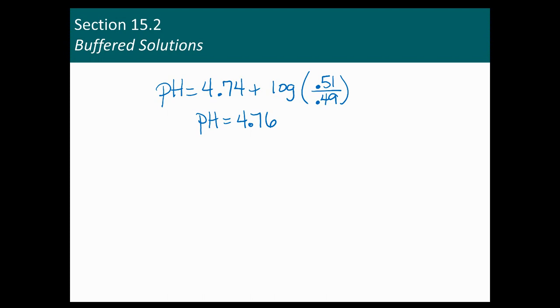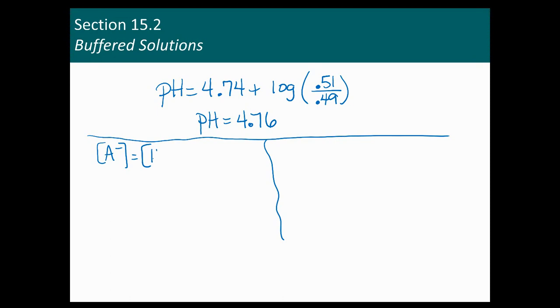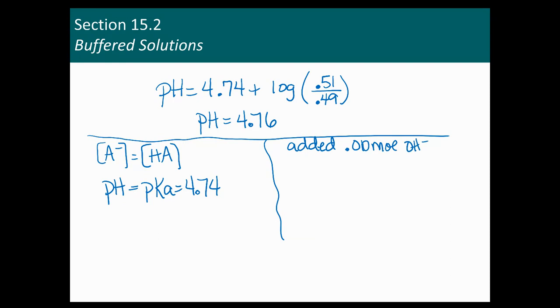Okay, and what we're seeing here, let's do a little bit of a comparison. From that previous initial question we did, where HA and A minus were equal, pH equaled pKa. But now we've added 0.01 moles of hydroxide. The pH is now 4.76. Why?